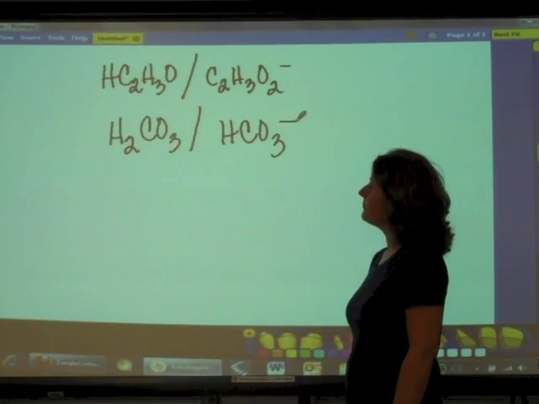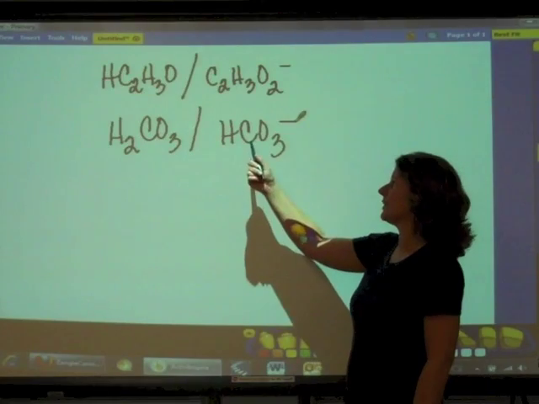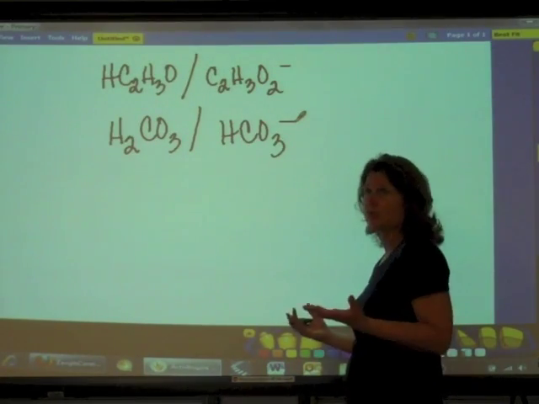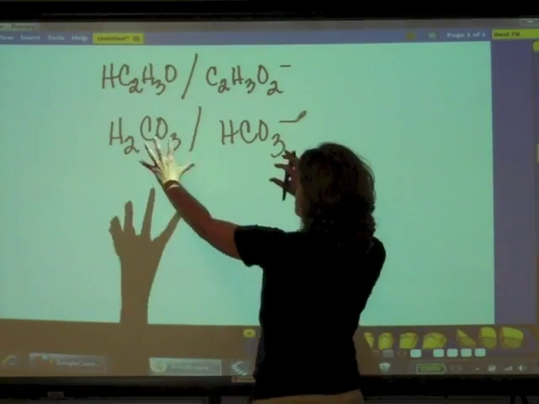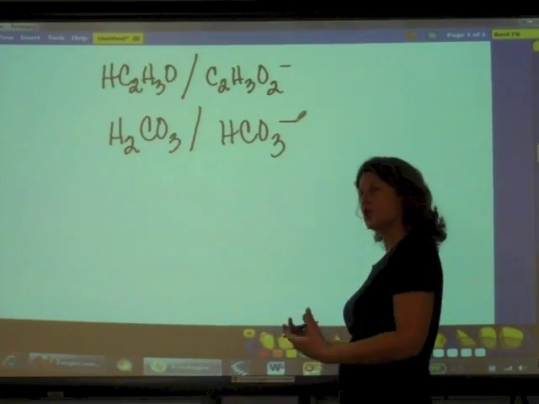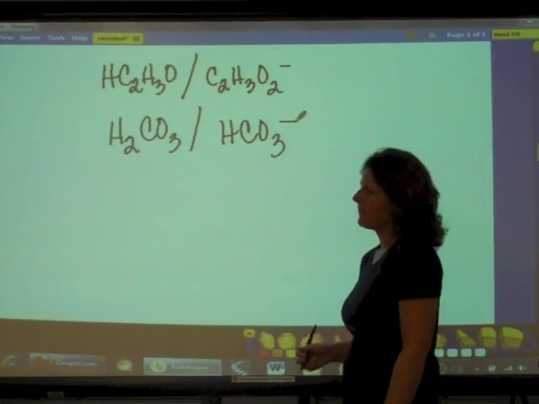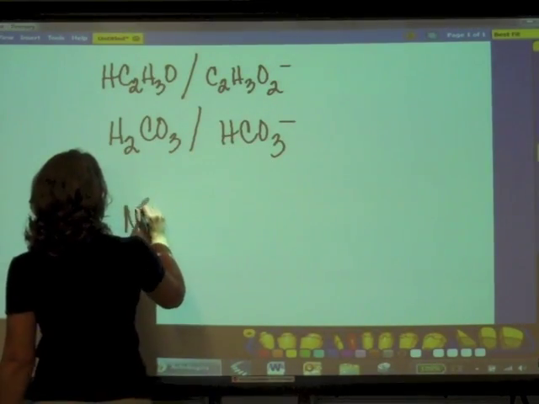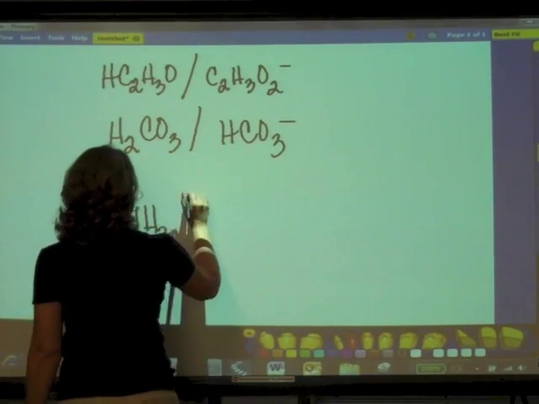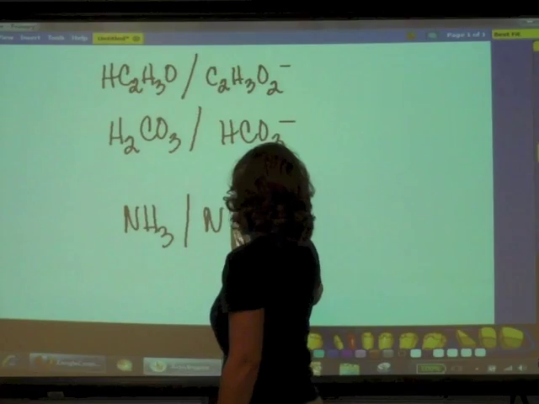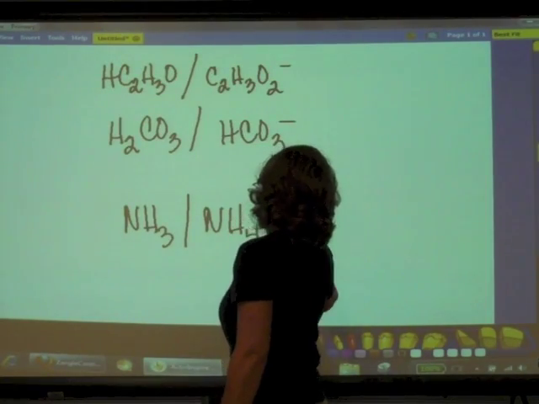Okay, so what is the source of the bicarbonate? Well, it's going to be some sort of salt in terms of this pair that's going to buffer or resist change in pH. We could also have a weak base pair. So we could have ammonia along with ammonium ion.